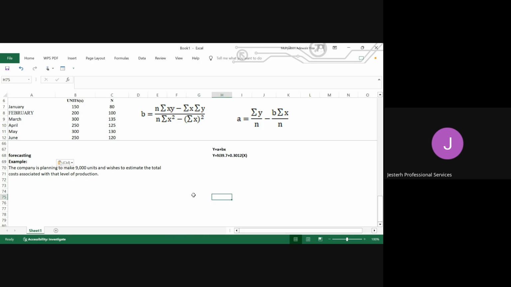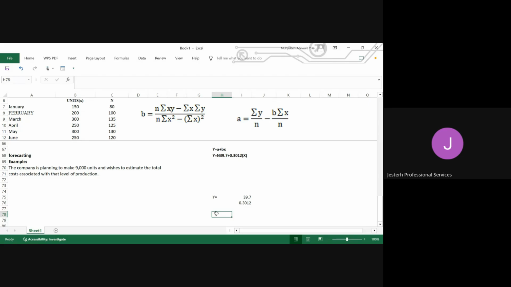We'll say our Y is equal to, remember, 39.7, which is our A, while our variable cost per unit, which is B, is 0.3012.